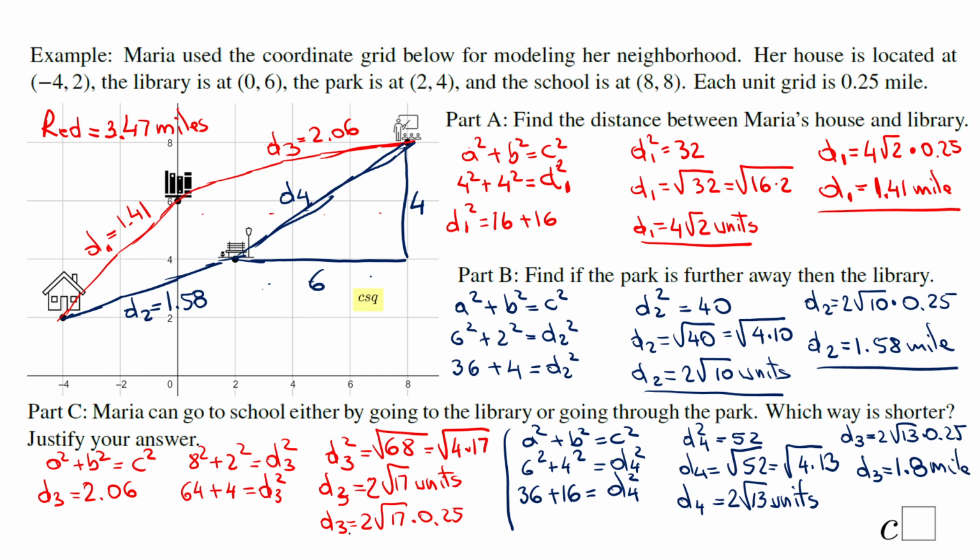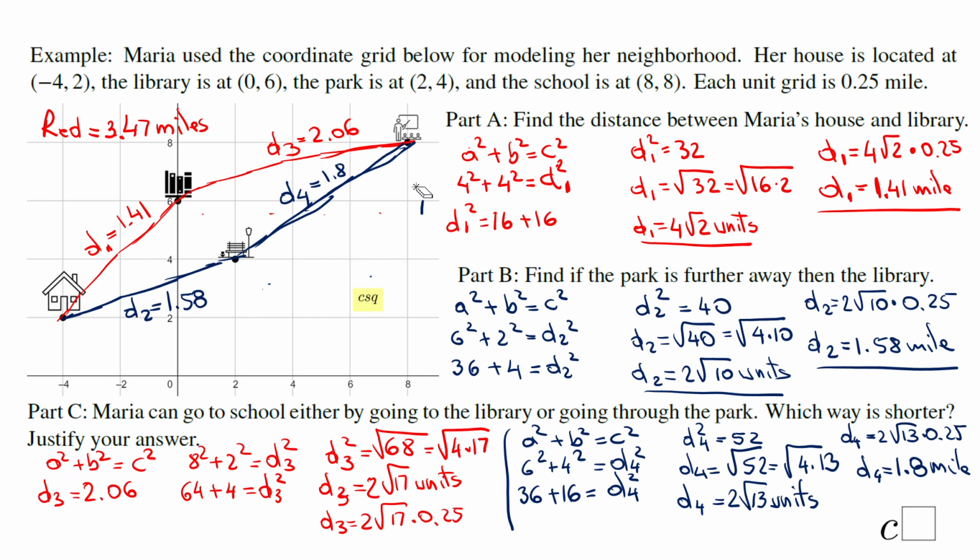And I'm sorry, this is d sub 4, not d sub 3. Okay, so this is 1.8 miles. So now we need to find how long the blue path is.